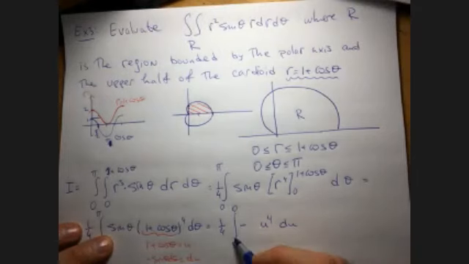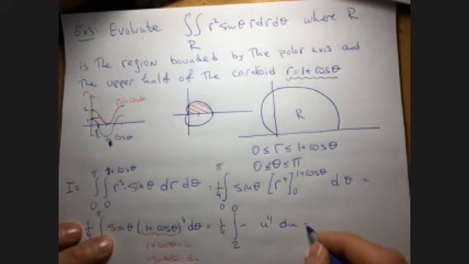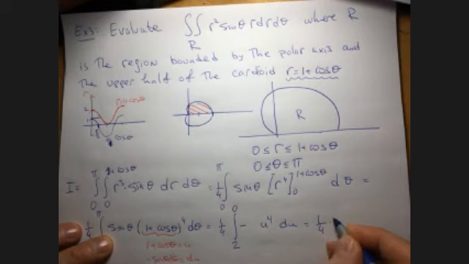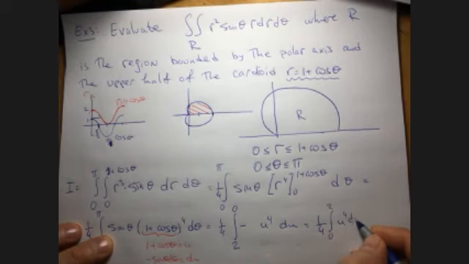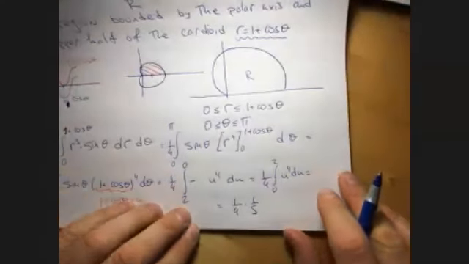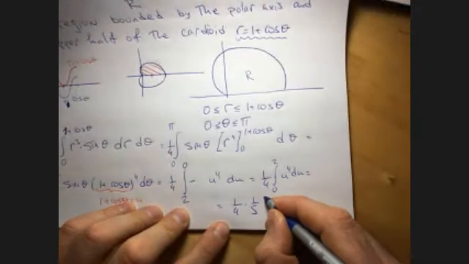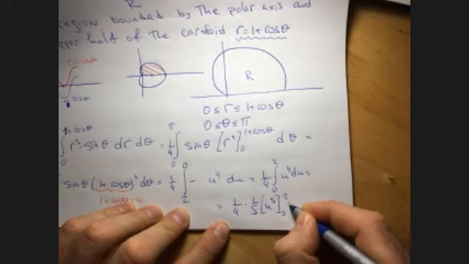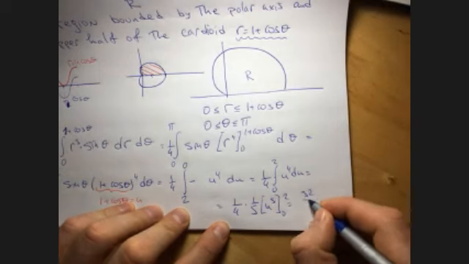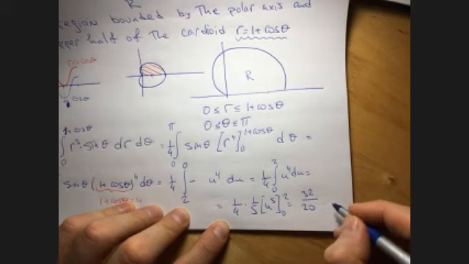In doing so, I have to multiply the whole thing by -1, which will deal with this negative. So I get 1/4 times the integral from 0 to 2 of u to the power 4 du, which is 1 over 4 times 1 over 5 times u to the power 5 evaluated from 0 to 2, and that's 32 over 20.